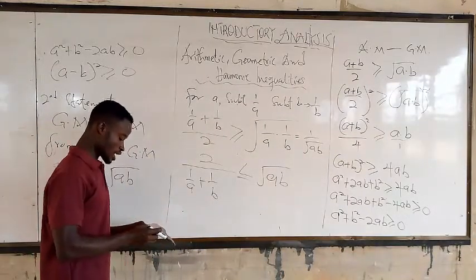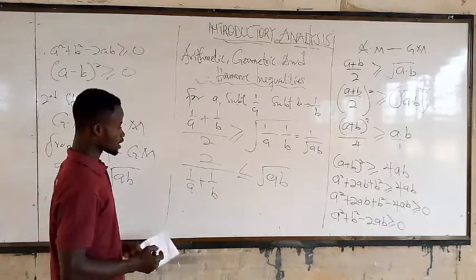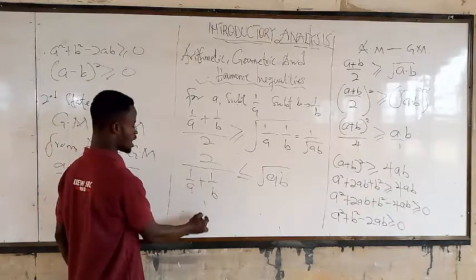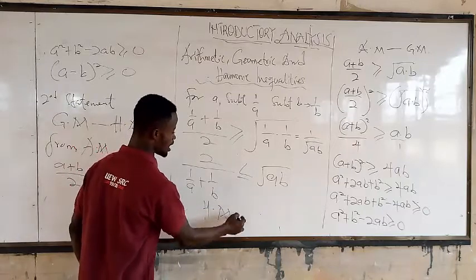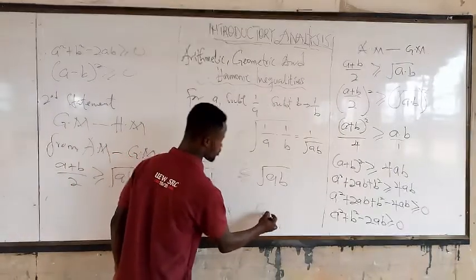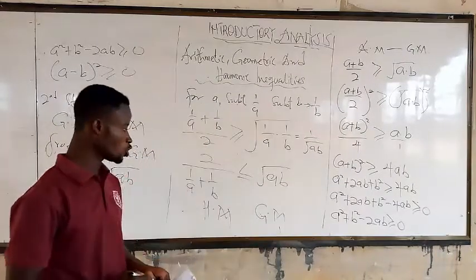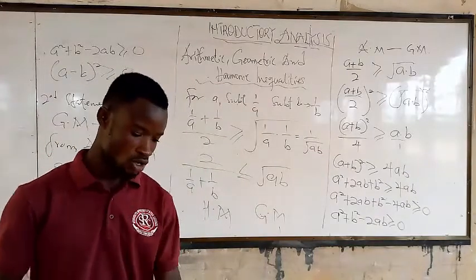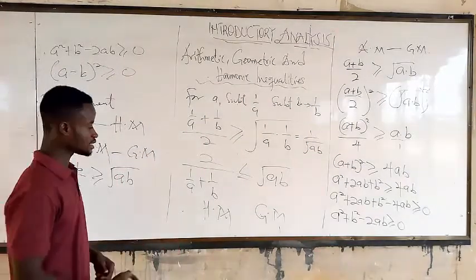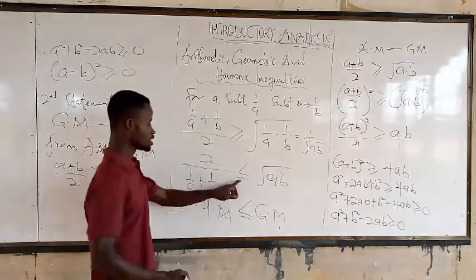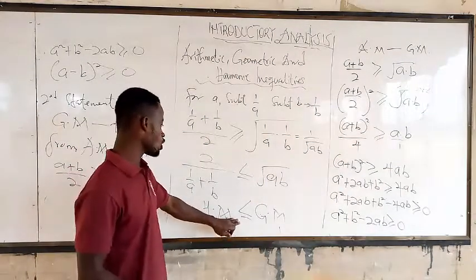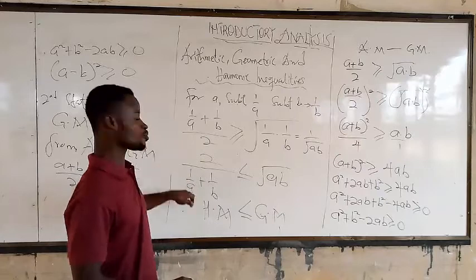You can now see that this is a harmonic mean and this is a geometric mean. So we have established that this geometric mean is greater than or equal to this harmonic mean.